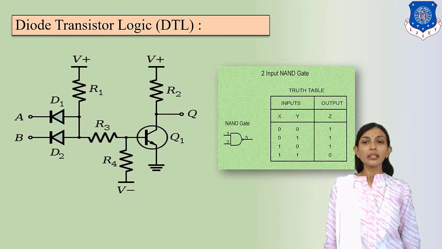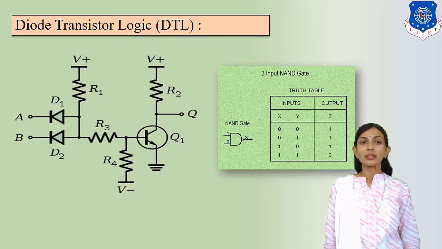Now let's take another example, case number 2, 0 1, that means A is equal to 0 and B is equal to 1. If A equals 0 and B equals 1, D1 will be forward biased and D2 will be reverse biased.